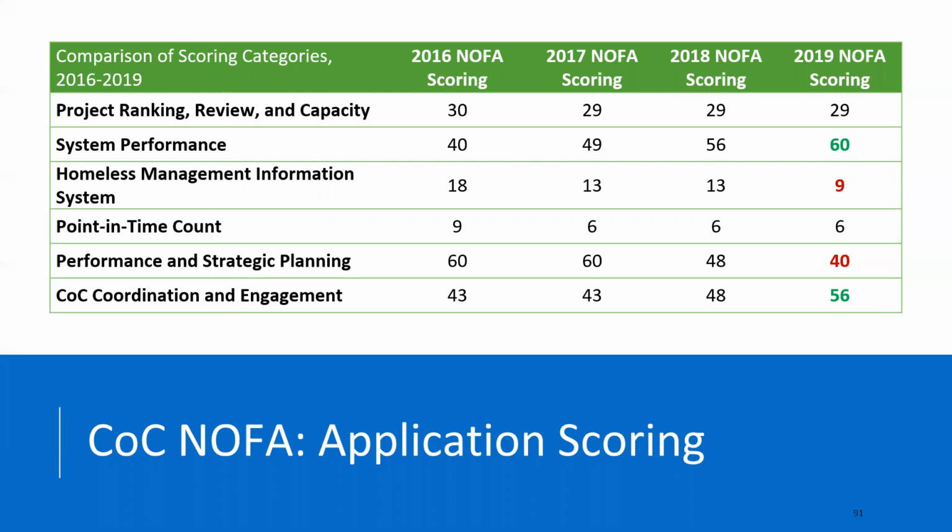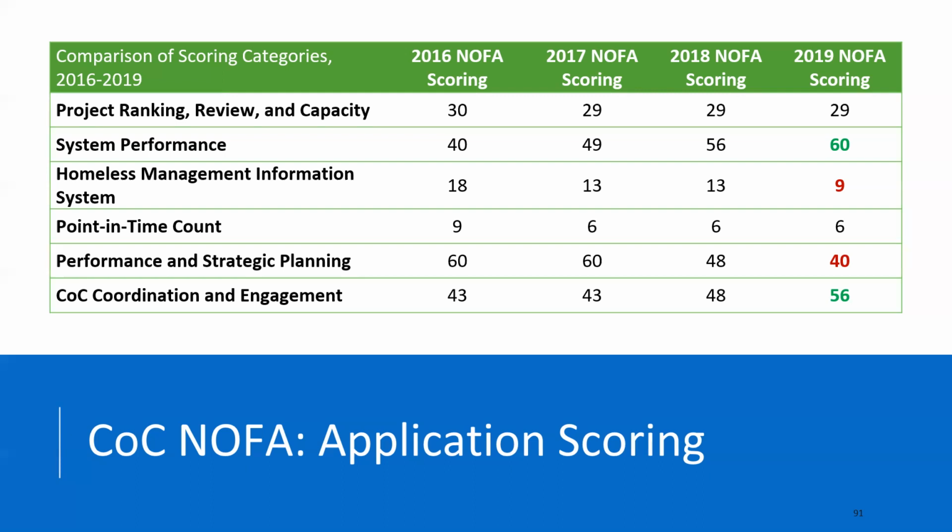HUD has also been increasing the points around CoC coordination and engagement. So how are you working with other systems to address homelessness? For example, how are you working with your local PHAs, public housing authorities? And then some of the areas have been de-emphasized over the years, such as performance and strategic planning.